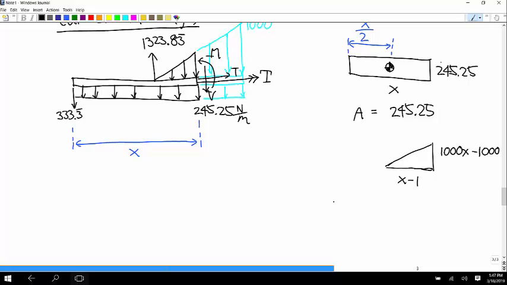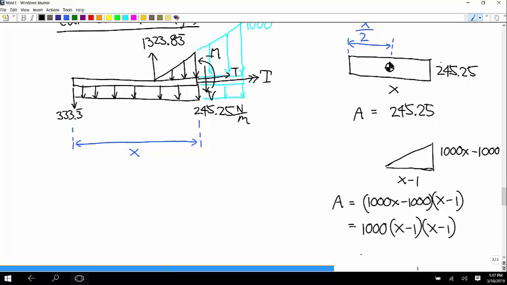So the area of this triangle is 1000x minus 1000 times x minus 1. So you can pull out the 1000, and that's x minus 1 times x minus 1.